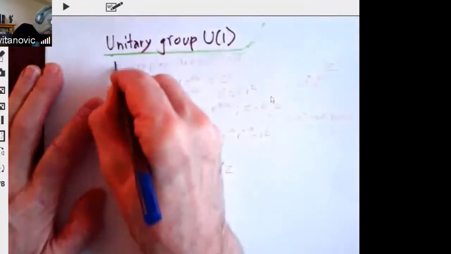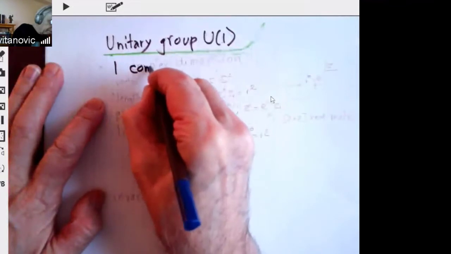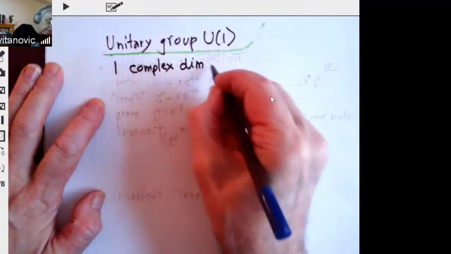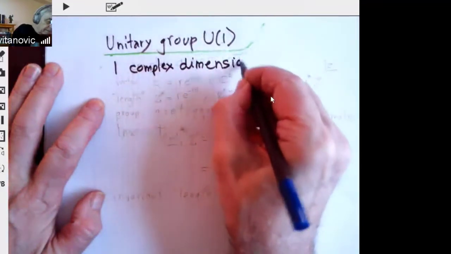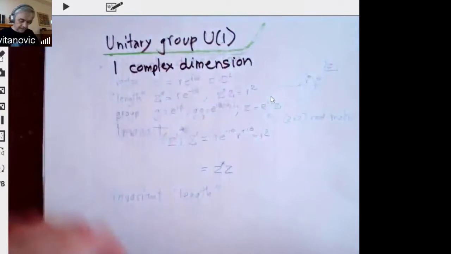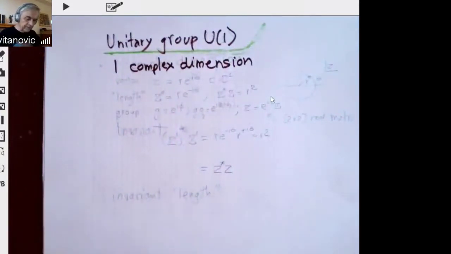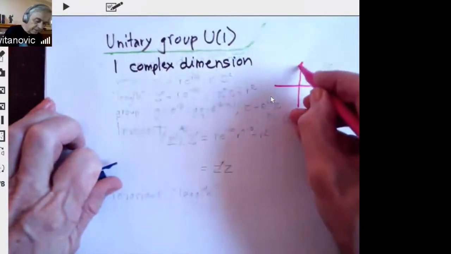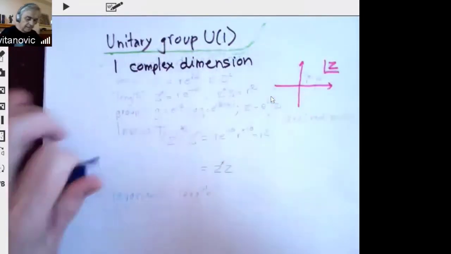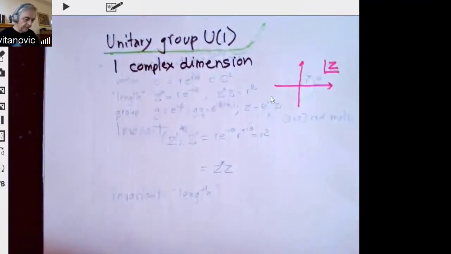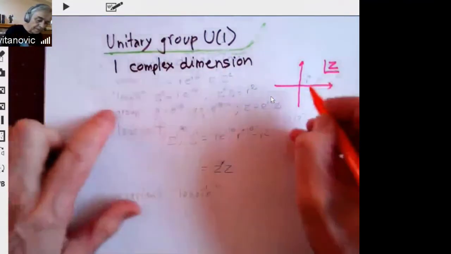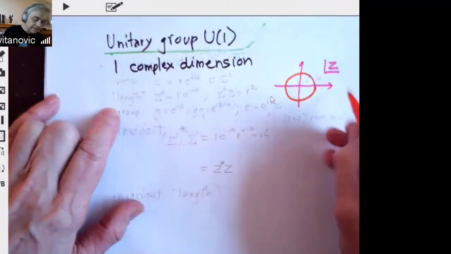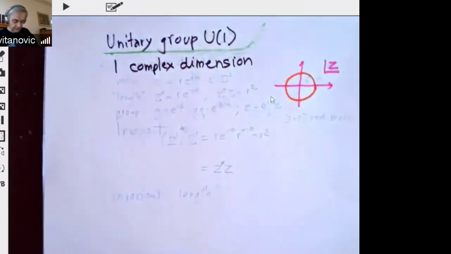So U1 is a group of rotations in one complex dimension. Now, we know it's not totally trivial, because we know that Gauss or Argand or somebody figured out that the way to think of complex numbers is to plot them in a plane with real and imaginary parts.